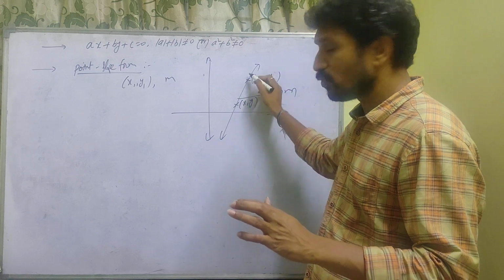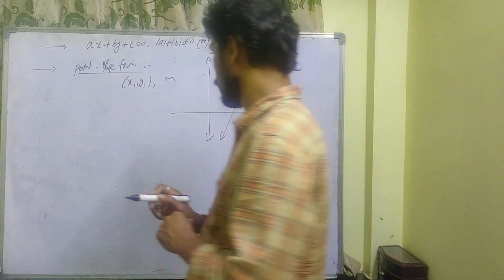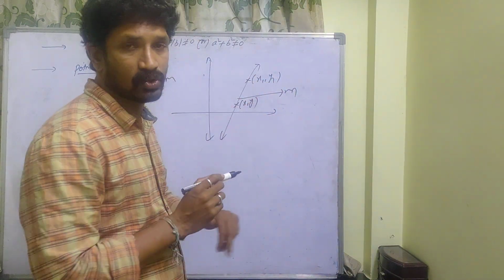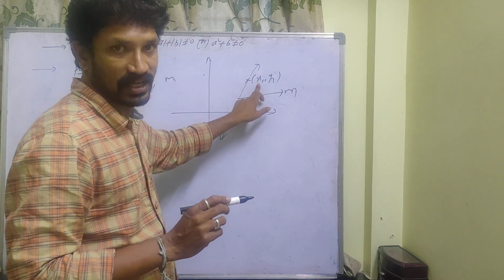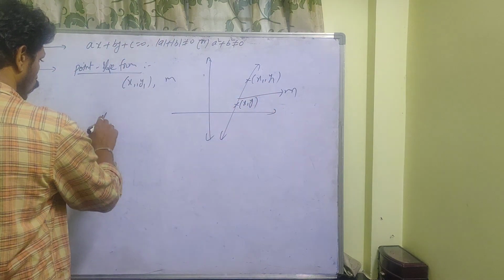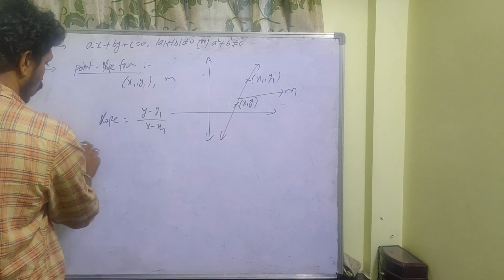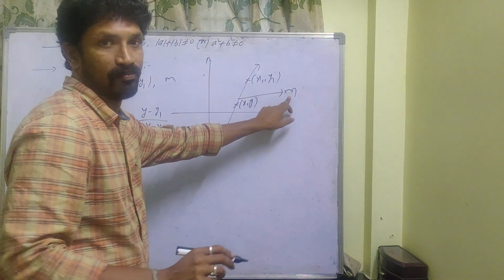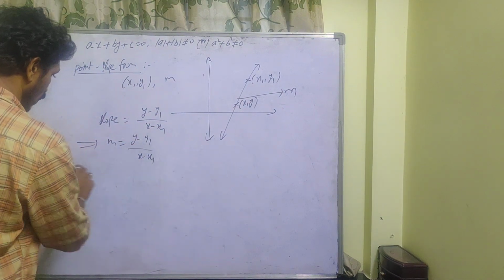So then you have 2 points. One is x1 y1, another one is x comma y. If you know the 2 points, what is the slope? Slope is equal to y minus y1 by x minus x1. But what is the slope they gave? m. So m is equal to y minus y1 by x minus x1.